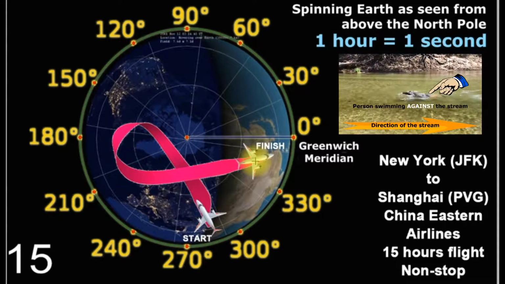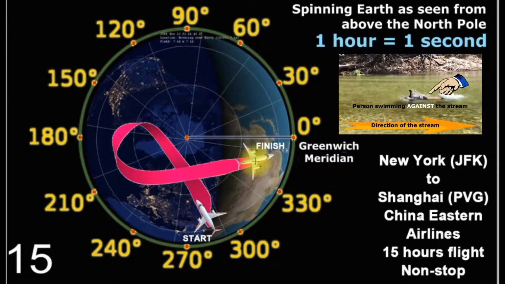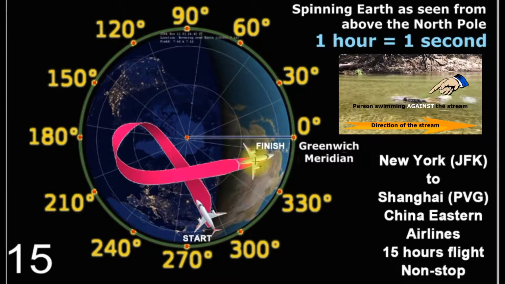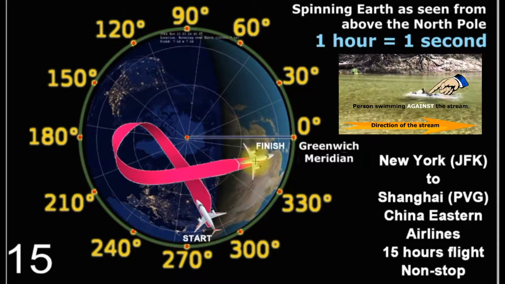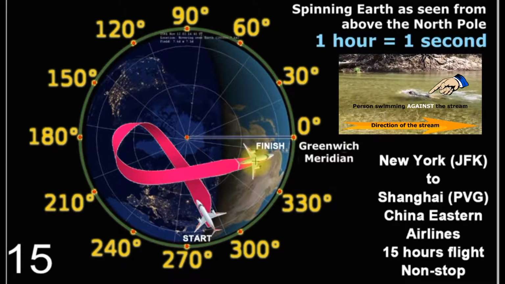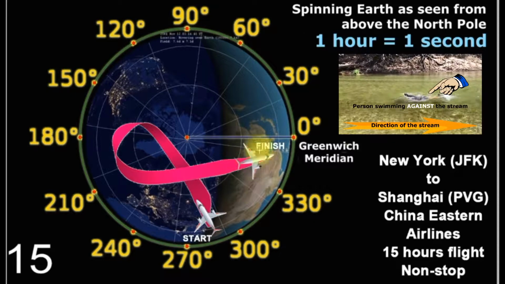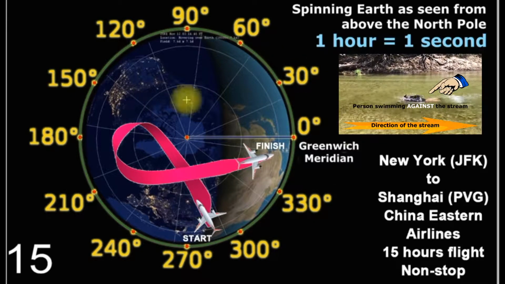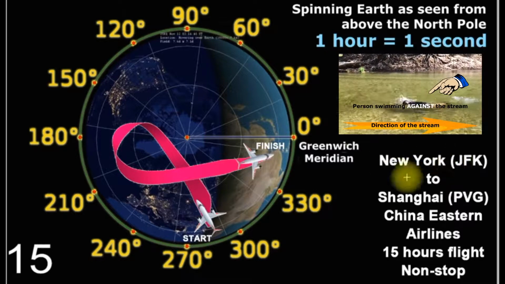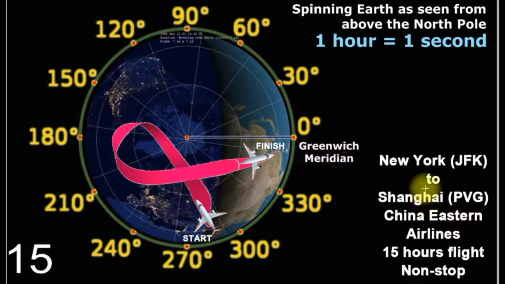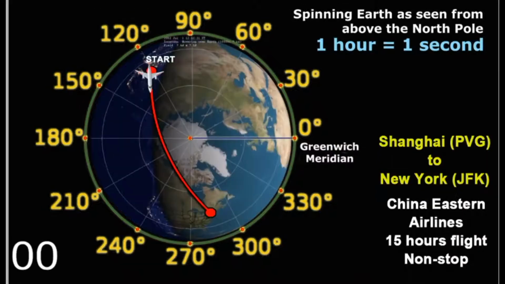So of course this is not happening, because Earth is not rotating, because Earth is not a globe. You get the picture now? Earth is flat, and we go from point A to point B without these crazy things right here, because Earth is not rotating. Now, let's look at the flight back from Shanghai to New York.